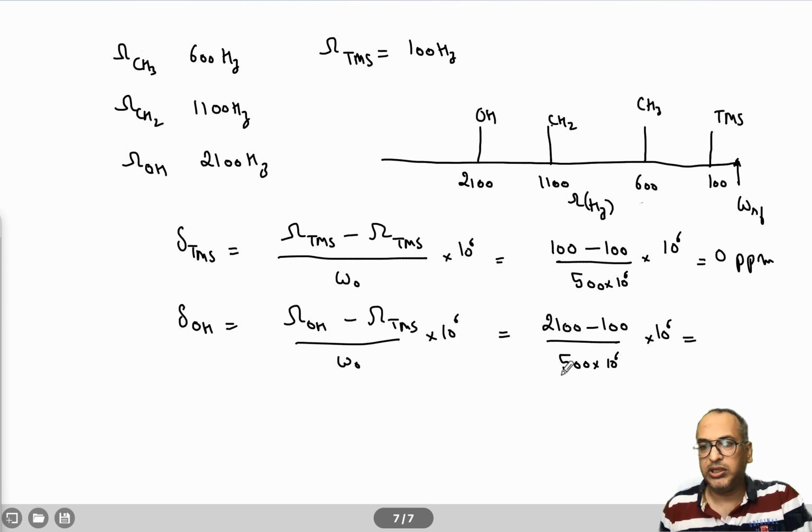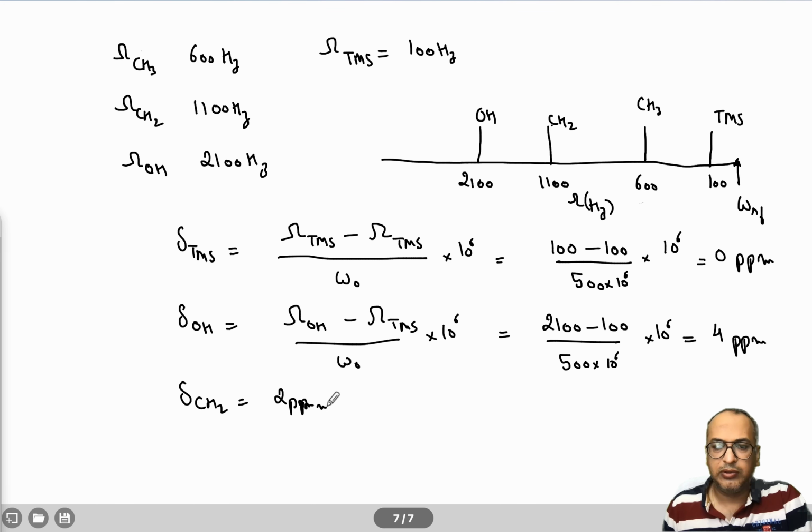This becomes 2000 divided by 500, that is 4 ppm. Similarly, delta CH2 will come out to be 2 ppm. You can calculate this now. And delta CH3 will come out to be 1 ppm.